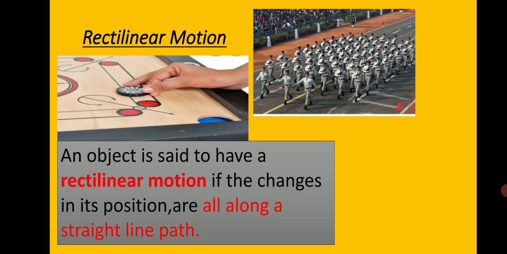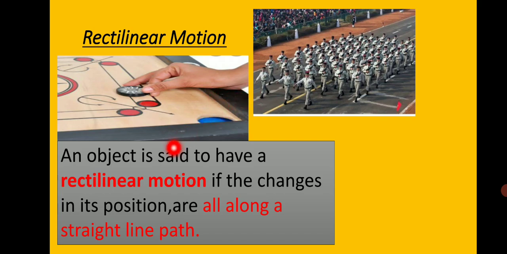Students, have you noticed whenever we play carrom board, what is the direction of the strike? And when the officers or the navy are doing the march past, what is their direction? In these two actions, the direction is always in a straight line.